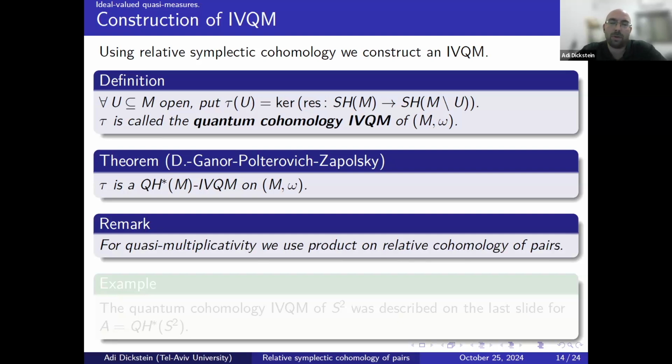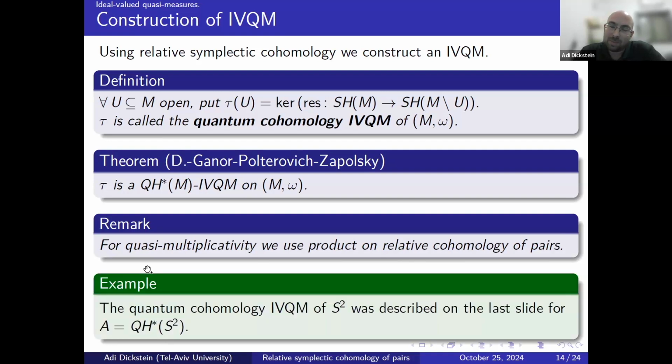From our viewpoint, this is the main property of ideal valued quasi-measures, and its proof involves the relative symplectic cohomology of pairs. An example of our construction is just the last construction, where we take A to be the quantum cohomology of the manifold.